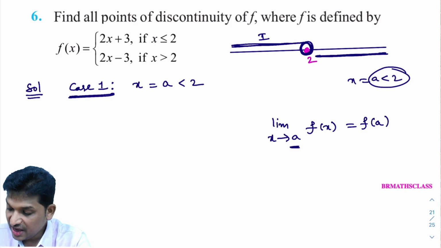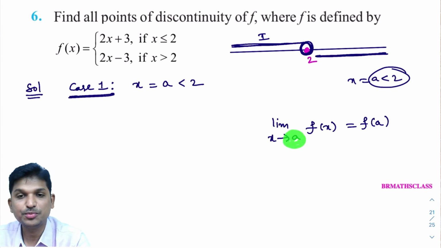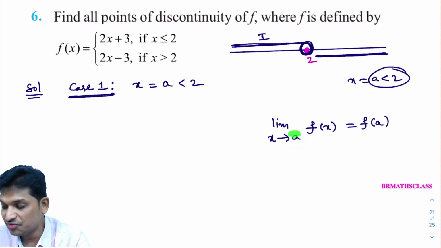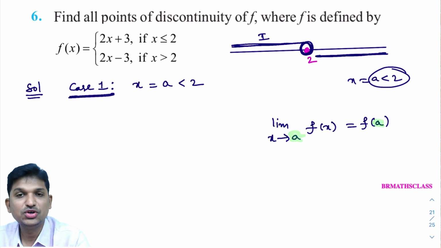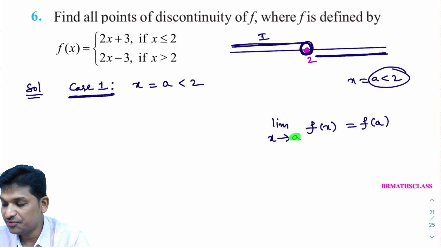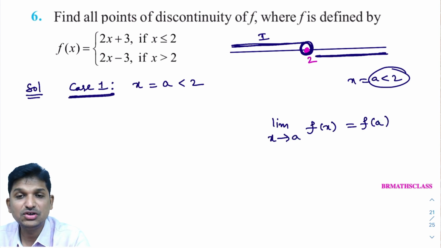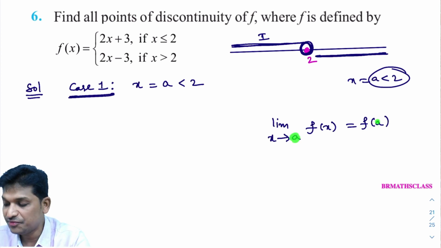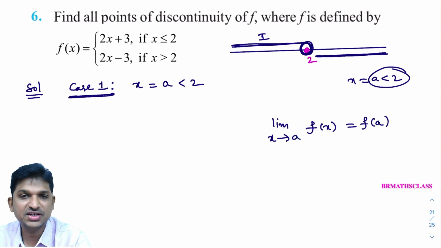Here, till now whatever the problems I did, a value given as 1, 2, checking continuity at x equal to 1 means limit x tends to 1, f of x equal to f of 1. Checking continuity at x equal to 3 means limit x tends to 3, f of x equal to f of 3. Like that we are checking.